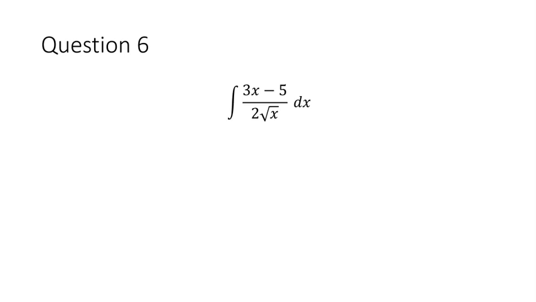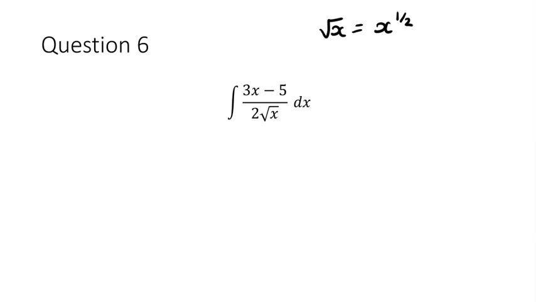Now, remember, root x, think of that as x to the power of a half. You can rewrite this by times-ing the terms on the top by x to the minus a half if you prefer. I'm just going to do it via division, but whichever way you prefer is okay. But just be really careful with the 2, which I'll come on to in a second.